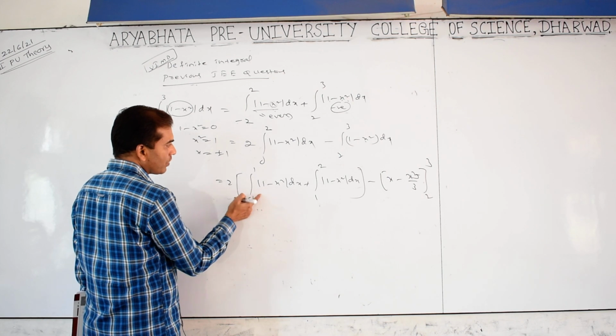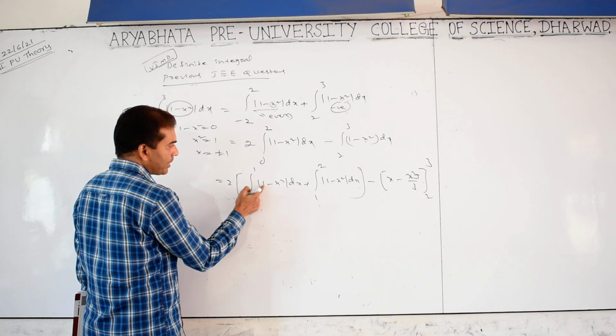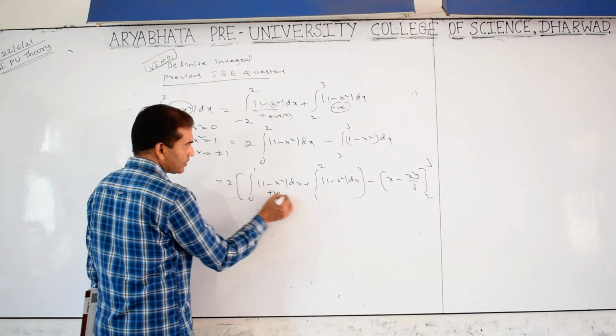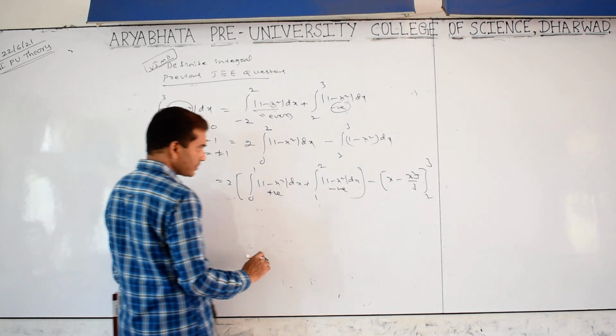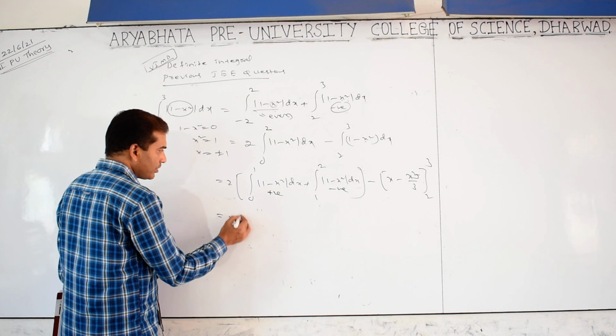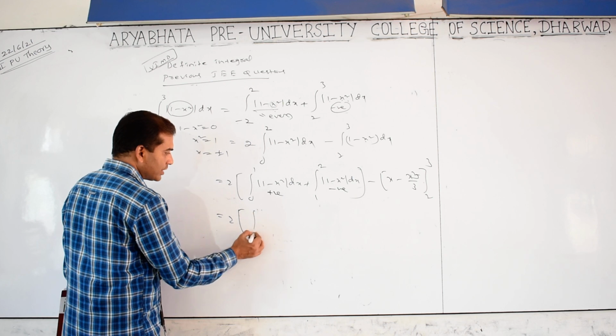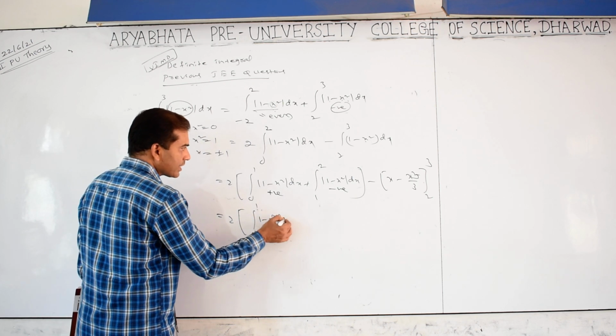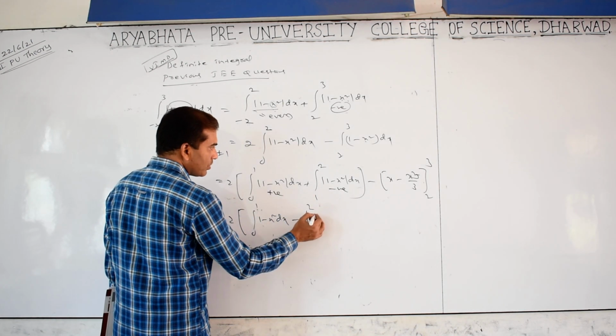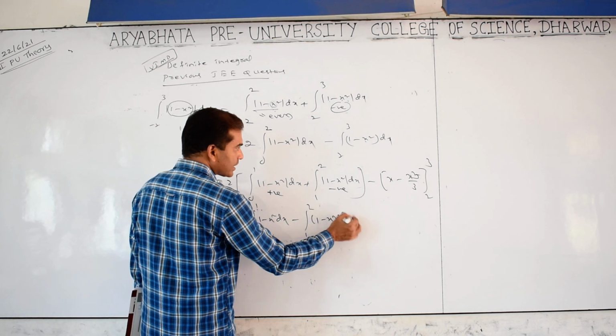Here this is 0 to 1, if you take this it is more than that, so positive, and this is negative, right? 2 into 1 minus x square, 0 to 1 of 1 minus x square dx is positive, and 1 to 2 of 1 minus x square dx is negative.